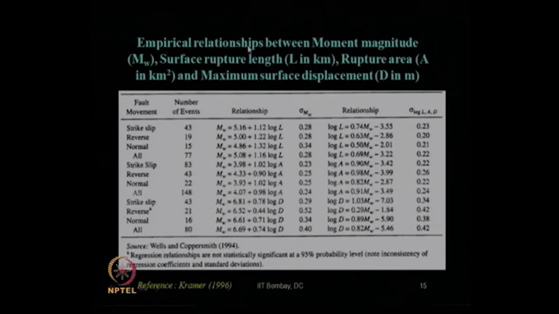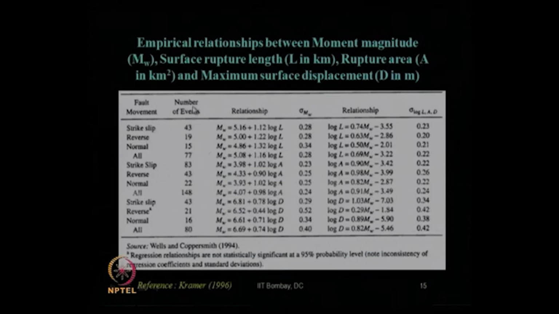These are empirical relationships between moment magnitude MW of earthquake and surface rupture length L in the unit of kilometer, rupture area A in kilometer square and maximum surface displacement or surface slip in the unit meter. We generally use the symbol D. So, these are the equations you can see.